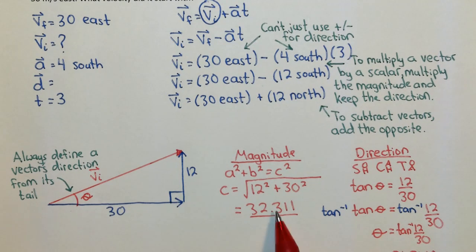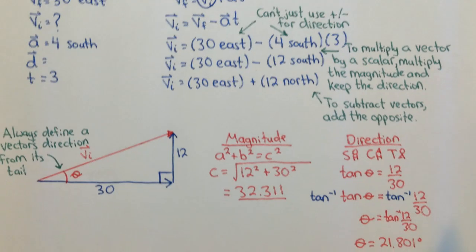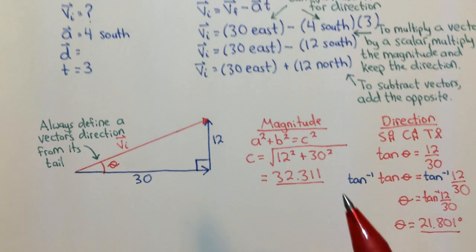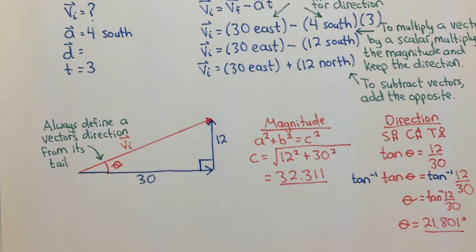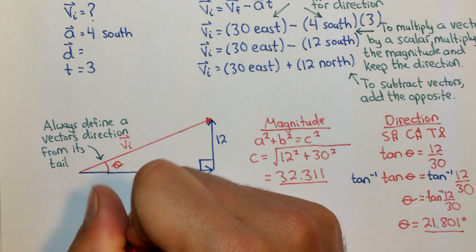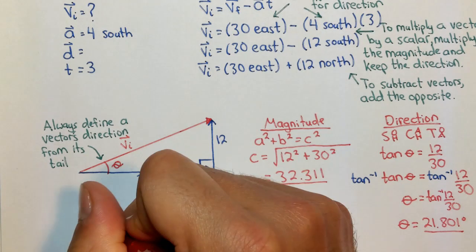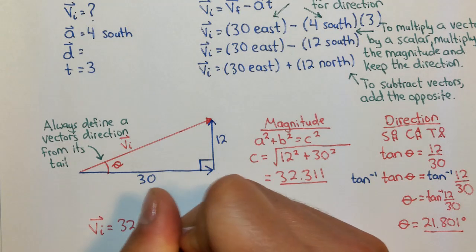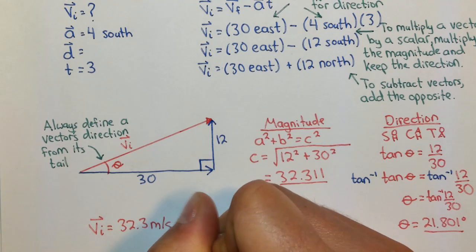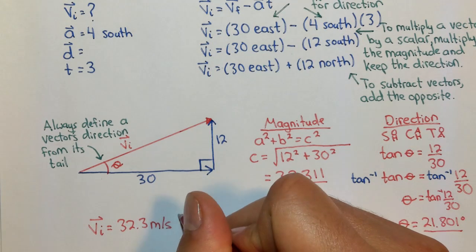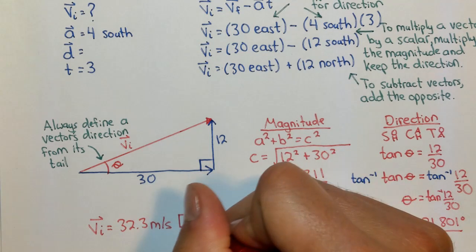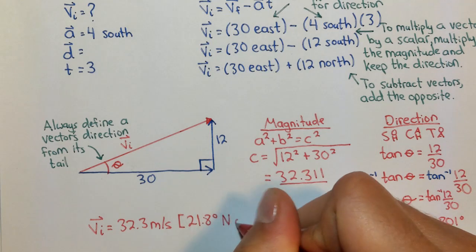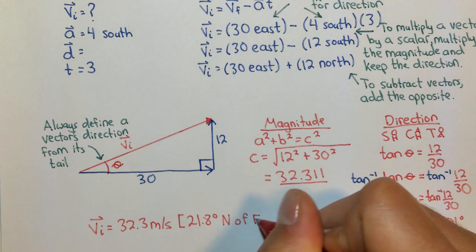So this magnitude and direction that I ended up getting here should be the answer to my question. So the initial velocity of the hovercraft is 32.3 meters per second with a direction of 21.8 degrees north of east.